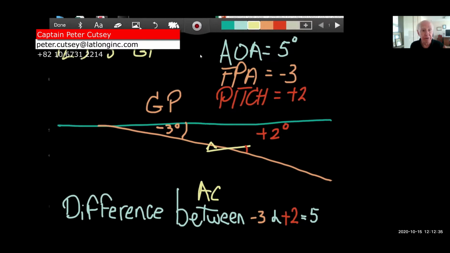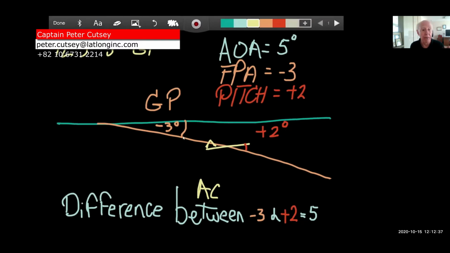On an ILS, 3-degree glide path, the definition of a flight path angle is the angle of the flight path with respect to the horizon. So an easy way to think about this is on a 3-degree glide path, your flight path angle is minus 3 degrees. That's fairly simple.